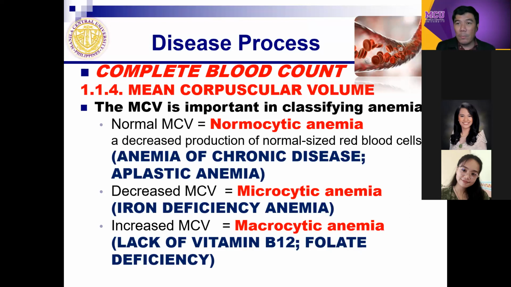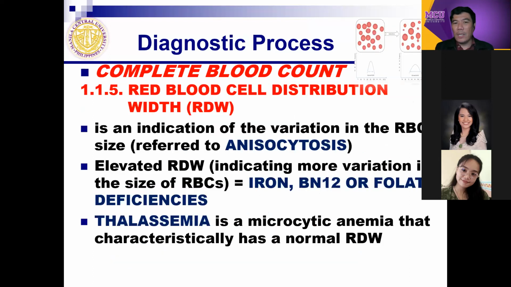A chronic disease could be either a kidney problem or a blood disorder that considers anemia a secondary effect. So iron deficiency is microcytic, and macrocytic for vitamin B12 and folate deficiency. If the sizes vary, that's iron, B12, and folate deficiencies. And what we call it when the sizes vary again is anisocytosis.